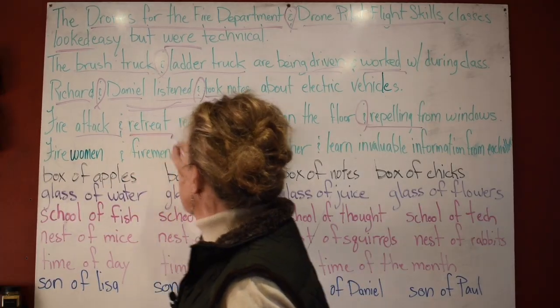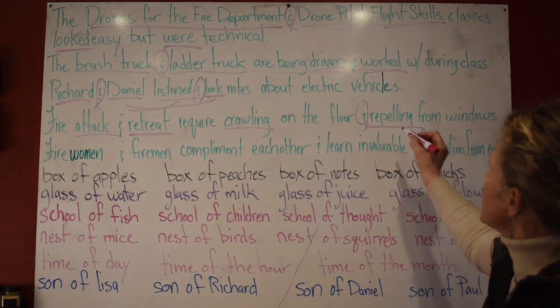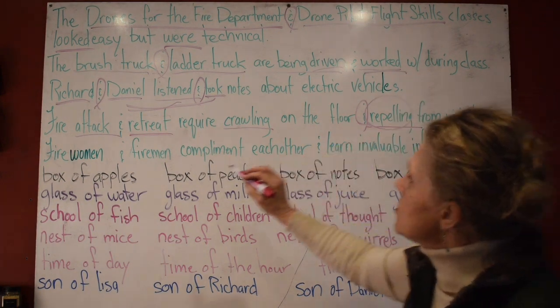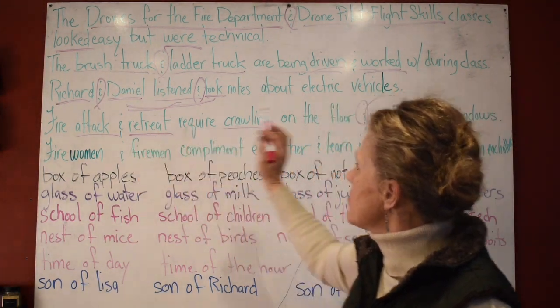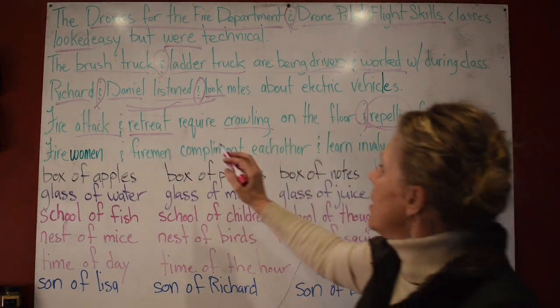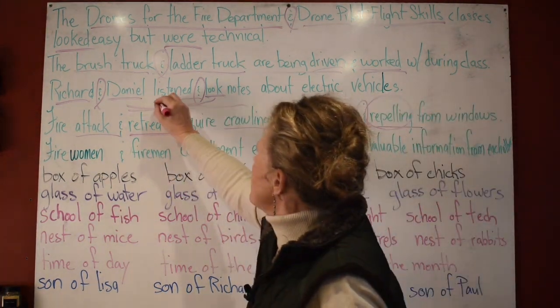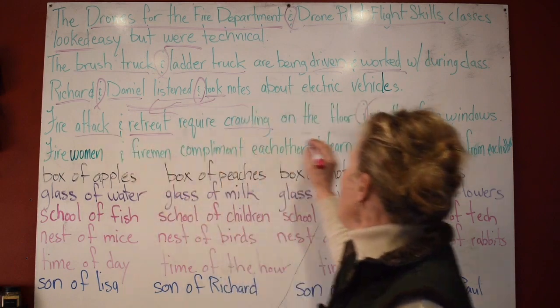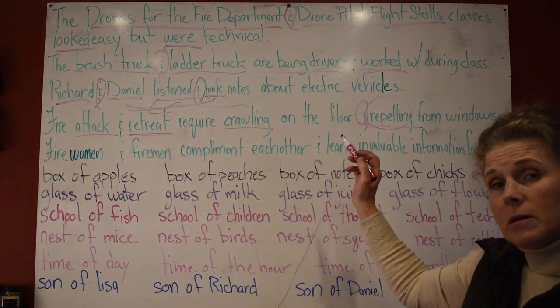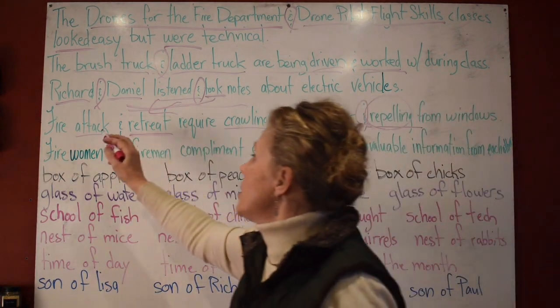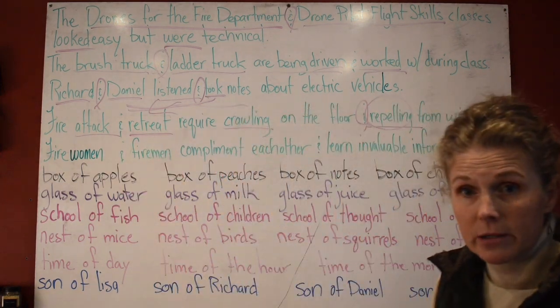Yeah, the attack and the retreat. So now look at this. Is repelling doing fire attack and retreat? Yes. Is the crawling doing the fire attack and retreat? Yes, both of your simple predicates are doing both of your simple subjects.